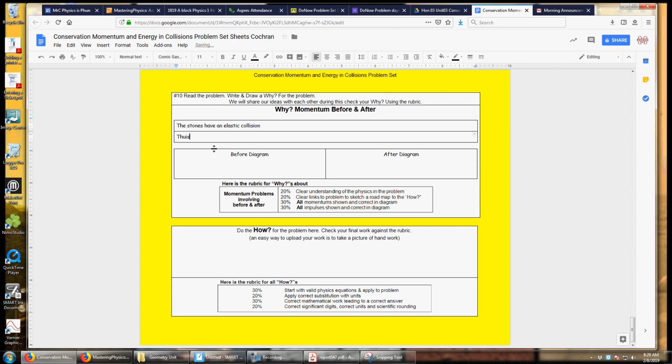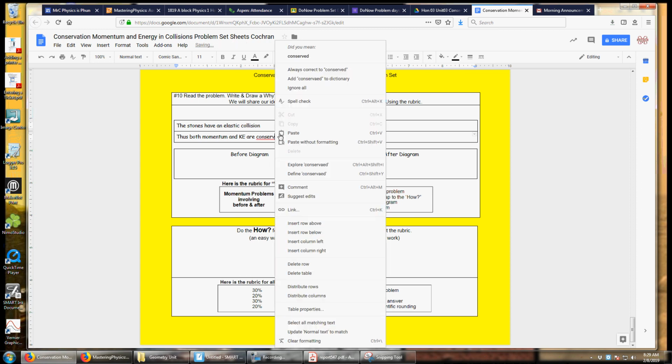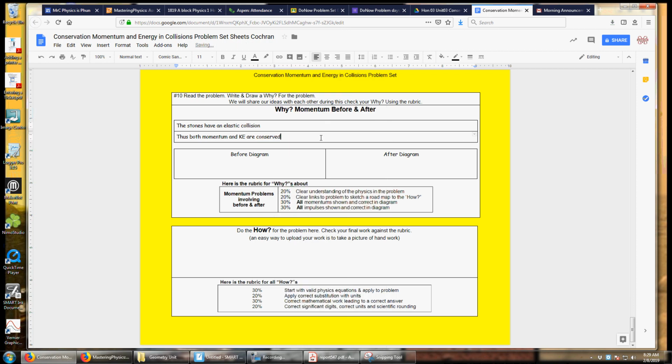Thus, both momentum and kinetic energy are conserved. That's spelled wrong. Conserved.